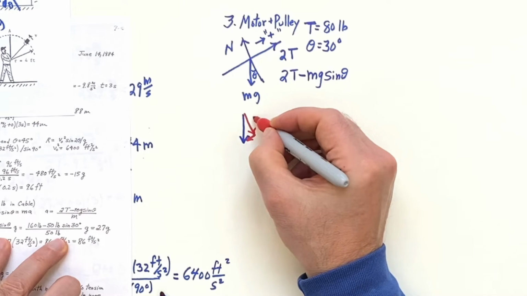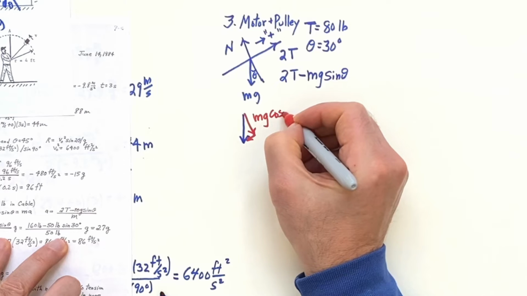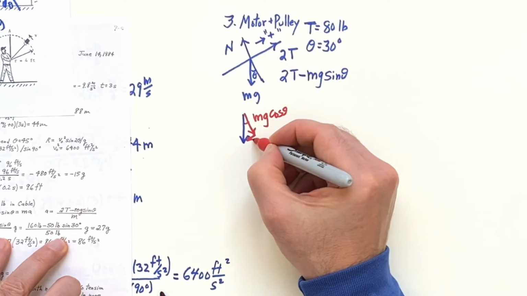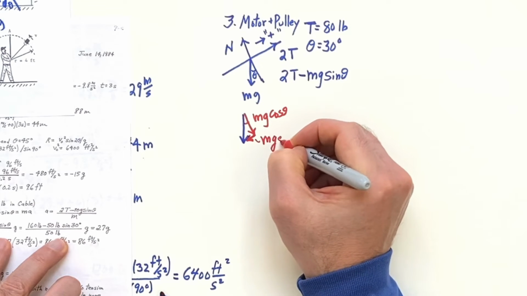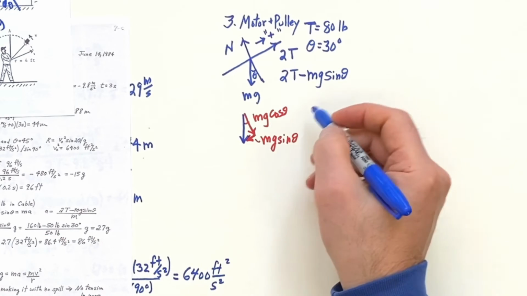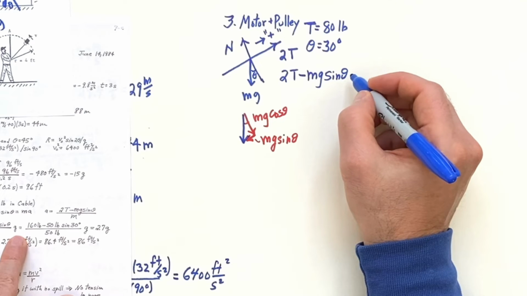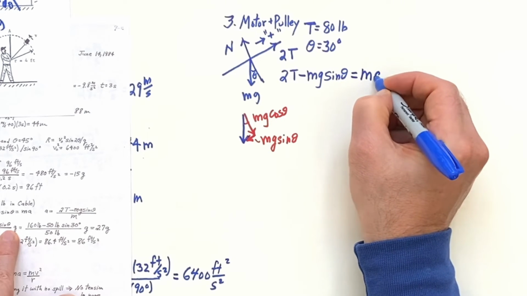This one here, the mg cosine theta, which will balance the normal force, and this one here down the incline is the mg sine of theta. So you need not draw that diagram. You can just go ahead and write this down in doing the exam. And that's going to equal the mass times acceleration.